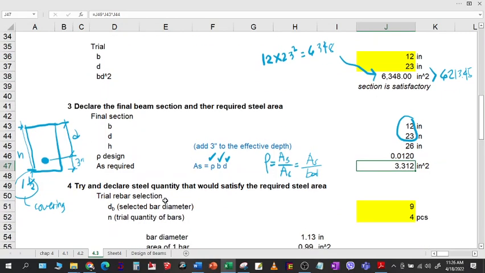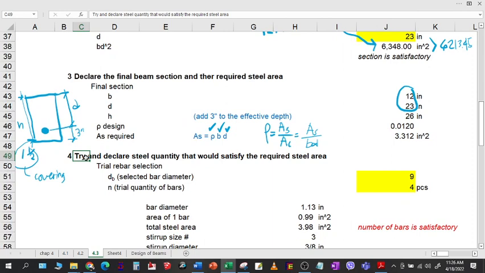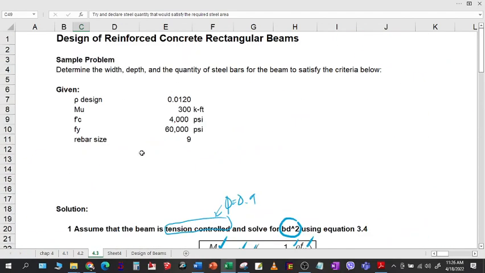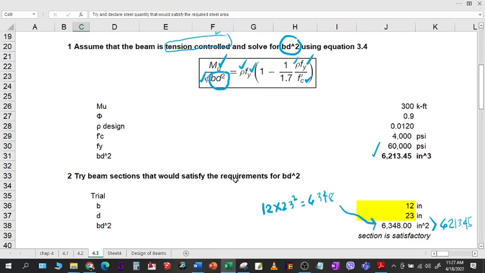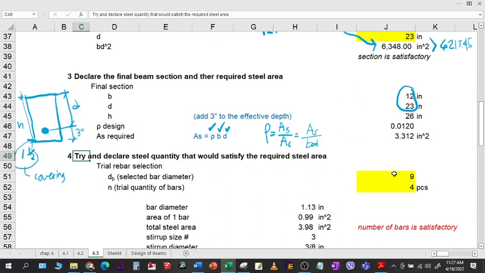Now, after having the required steel area, the next step is to declare the steel quantity that would satisfy the required steel area. In the problem, we are given the size to be used. This is number 9. Here in these yellow cells is our trial and error area. So the rebar diameter is number 9.